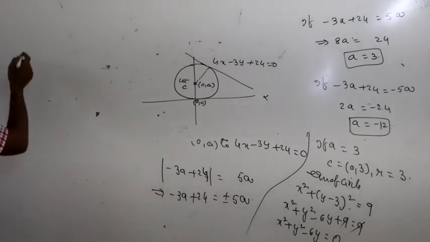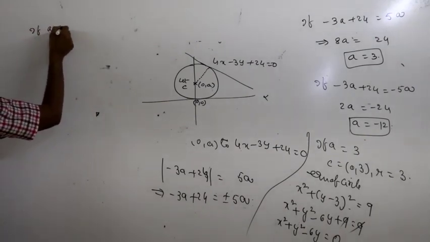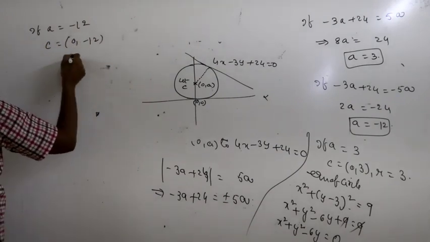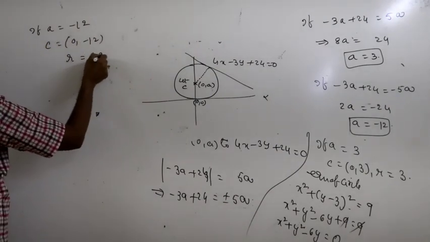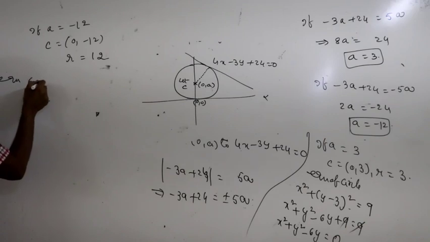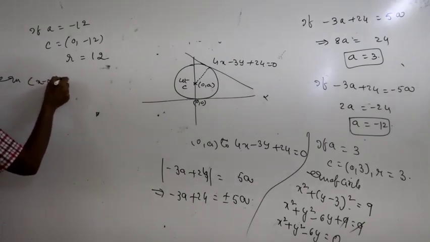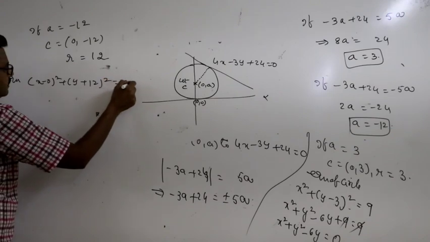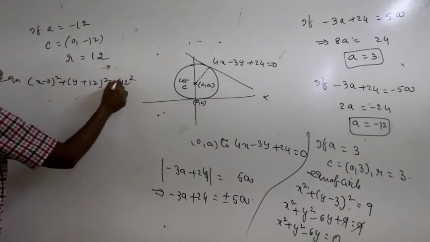If a is equal to minus 12, center is (0, minus 12), radius is 12. Radius is not a negative value. So the equation of the circle: x minus 0 whole square, y plus 12 whole square is equal to 12 square.